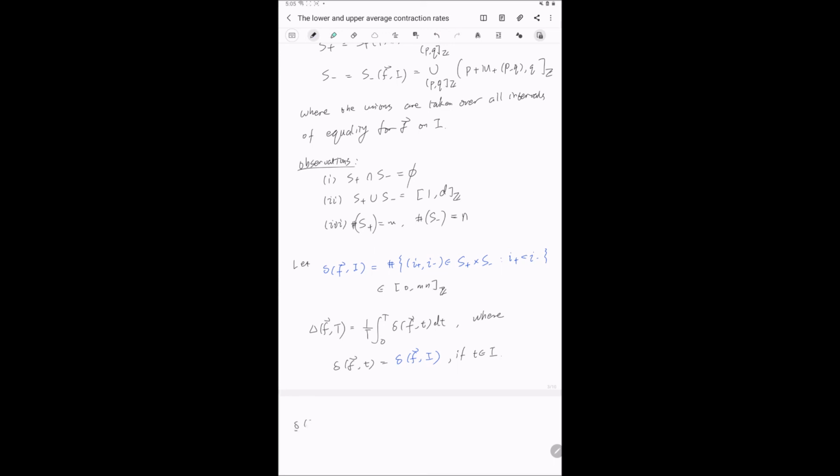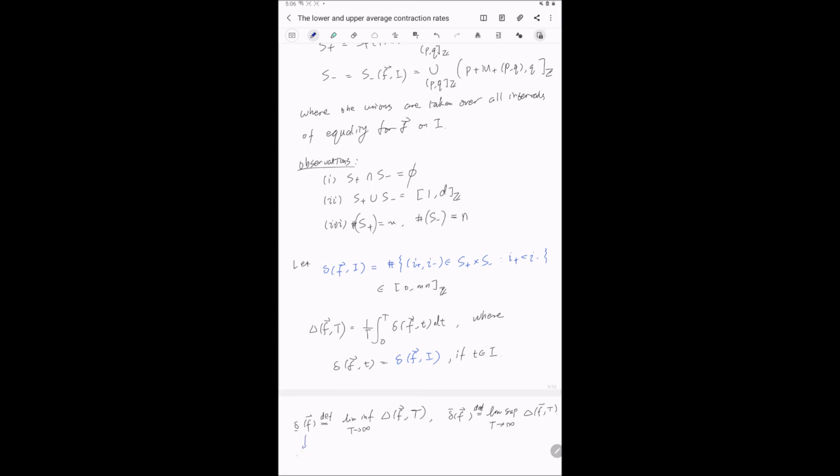So this lower delta, which is the lower average contraction rate of the template, is the lim inf as T goes to infinity of this capital delta of f T. And the upper delta, which is the upper average contraction rate of f, is the lim sup of this capital delta of f T as T goes to infinity.